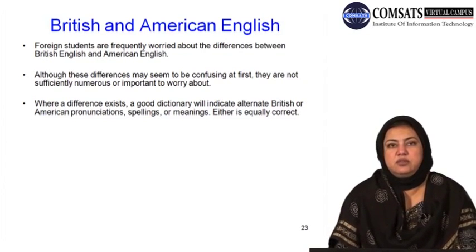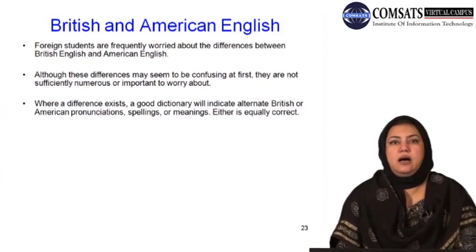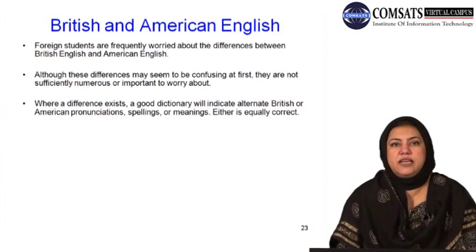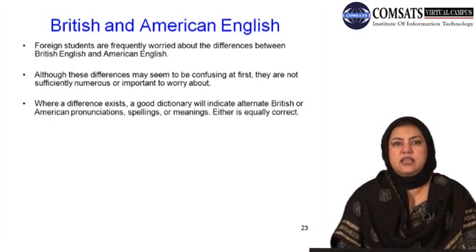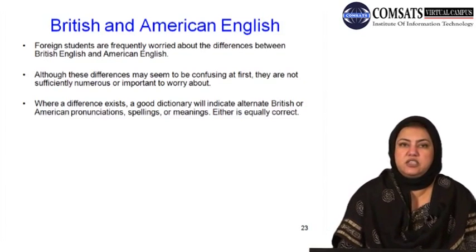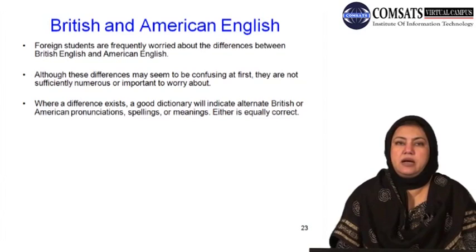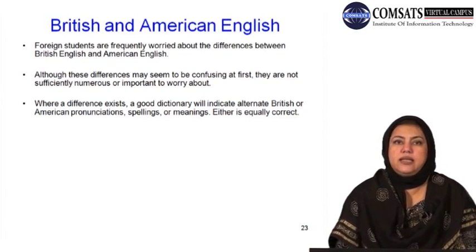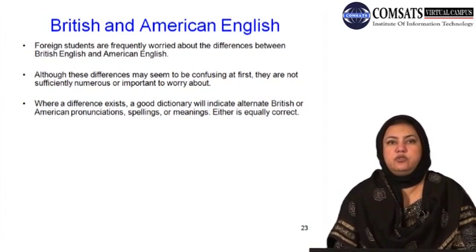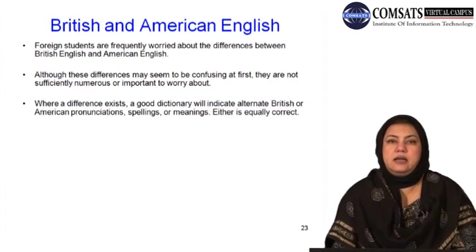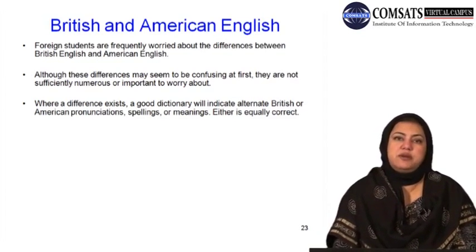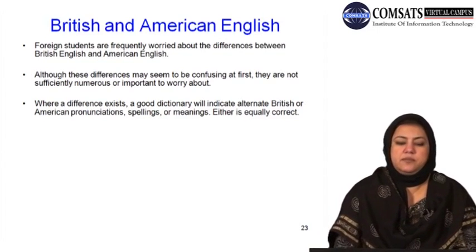As far as the Pakistani students are concerned, well, most of our academic texts, books and materials are written in British English. Most of the written resources that we have available are again in British English. However, all the internet resources that we use, most of them are in American English, so the students find themselves confused.